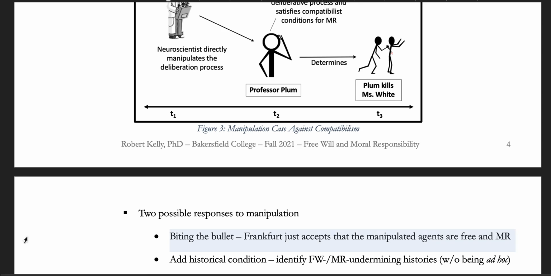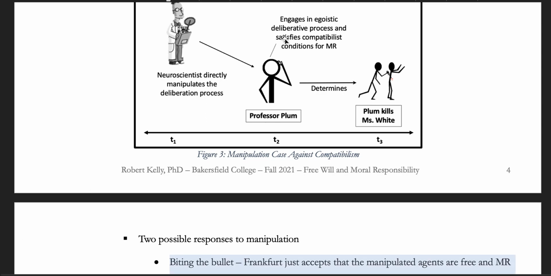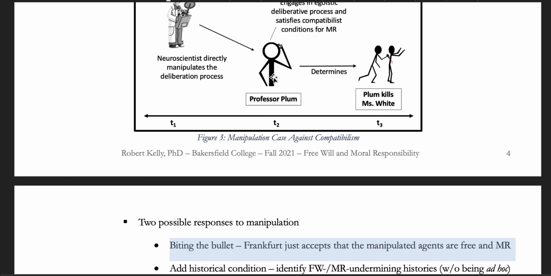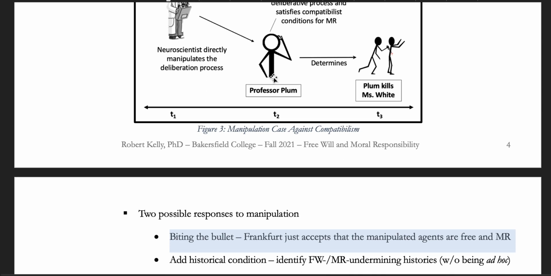So one thing he could do is just bite the bullet, which is just what Frankfurt does. And he says, well, I guess they are responsible and free, even though they were manipulated. Oh, well. We call this biting the bullet because it seems like an unattractive answer. Or you can add a historical condition.